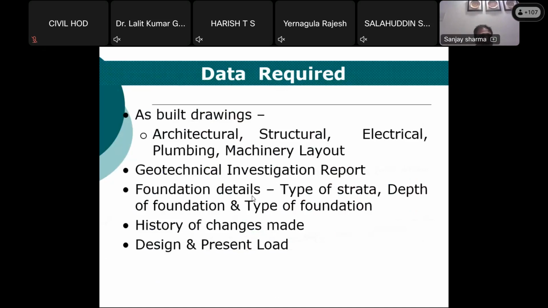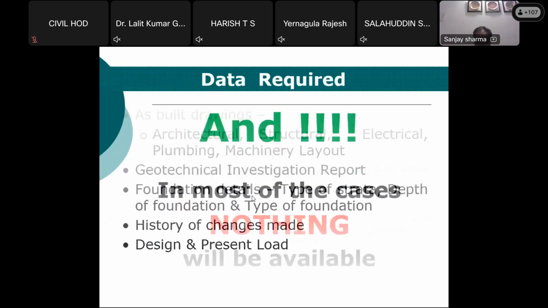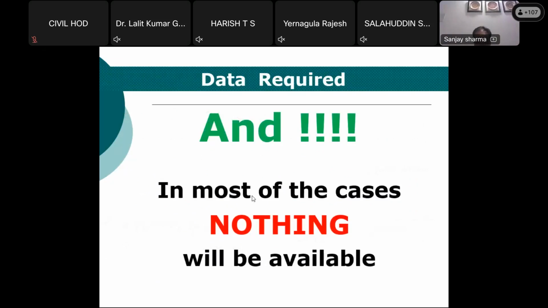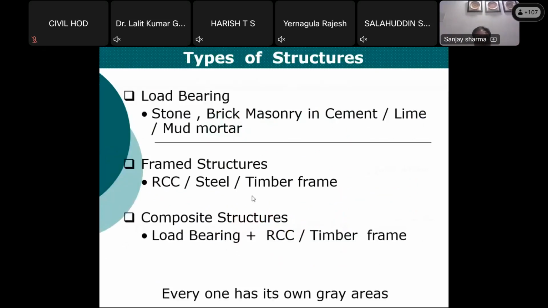In situ monitoring is well and good if it is available, but how to use that in situ data for this particular purpose is very, very important. We often face situations where nothing is available.